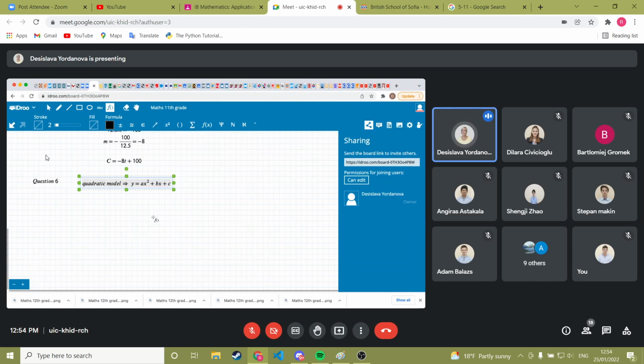This is the function. Quadratic model means the function is a quadratic function: y equals ax squared plus bx plus c. The other given things were axis of symmetry at x equals 4. The next one is that the y-intercept is at 0, 12. And the last thing given, the curve passes through 1, 5.